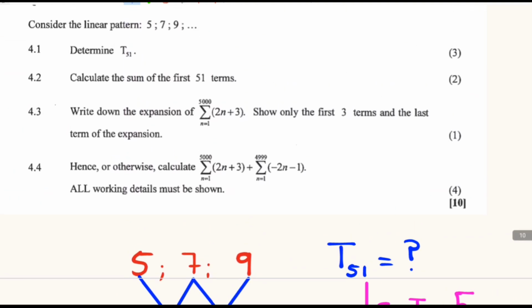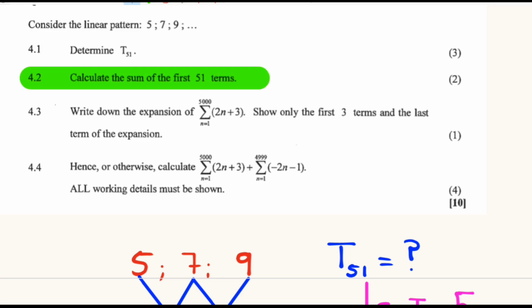And now, question 4.2, we calculate the sum of the first 51 terms.